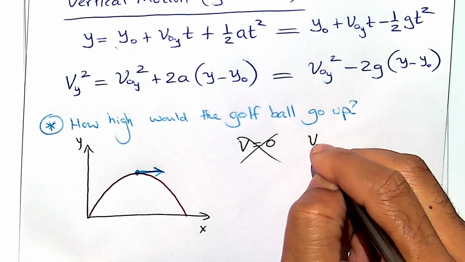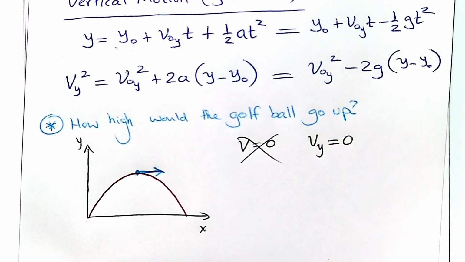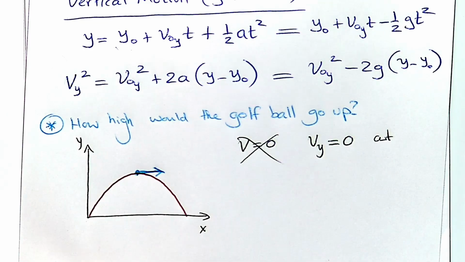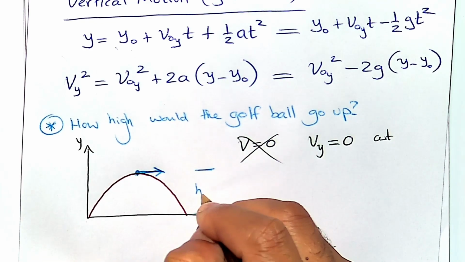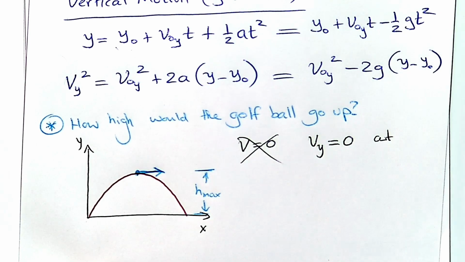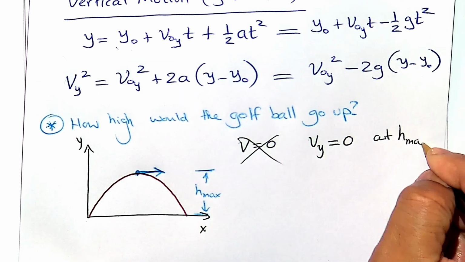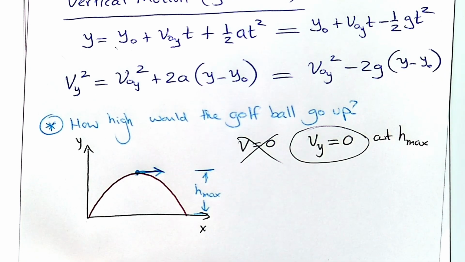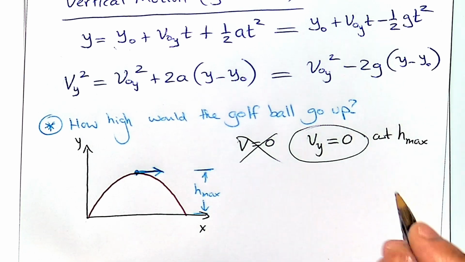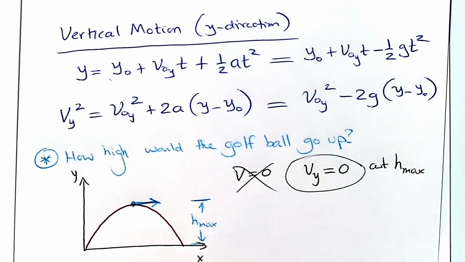What is true is that the velocity in the y direction is 0 at, let's say, h max. Here's the maximum height that the ball will get to. Velocity in the y direction is 0. That means you can use our kinematic equations.